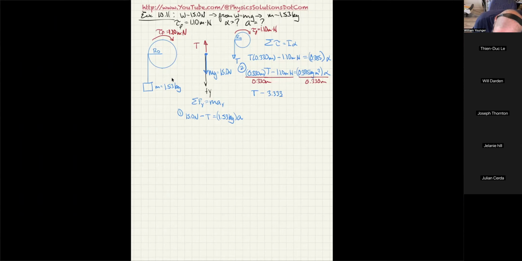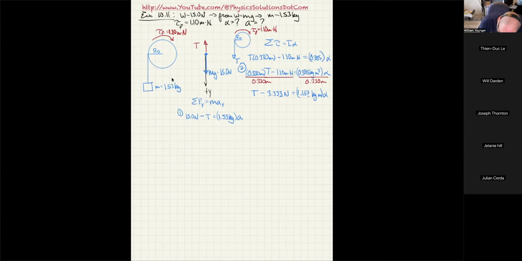And notice in dividing it by a meter, that leaves me with just newtons up here. And then 0.385 divided by 0.33 gives me 1.167. Again, add any extra sig fig. That's kilograms meters times alpha. Okay.